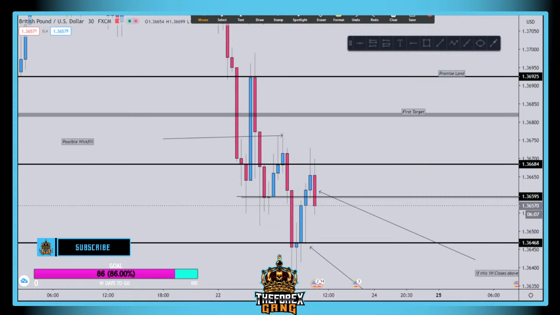It will do the whole move in the last 2 minutes, I know, to the next target, or it will come back to the zone.